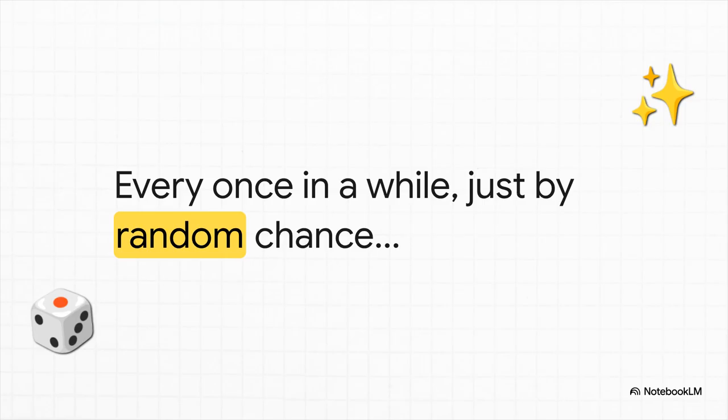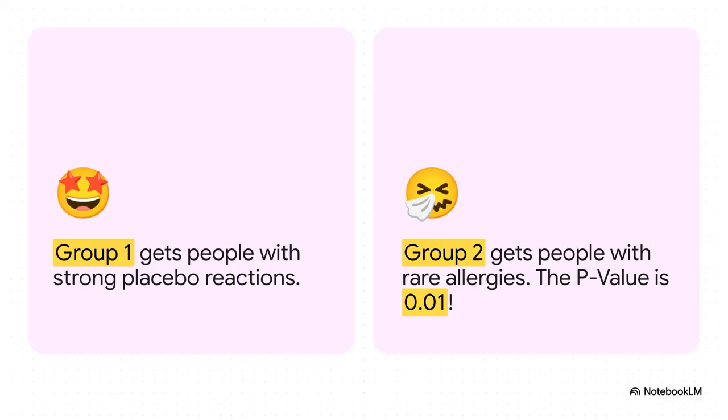But every once in a while, pure random chance is going to throw you a serious curveball. For instance, one group might just happen to get all the people with really strong placebo responses, and the other group might randomly get all the folks with rare allergies. All of a sudden, the results are going to look totally different, and you could get a misleadingly tiny p-value like 0.01, even though you know for a fact the drugs were identical.